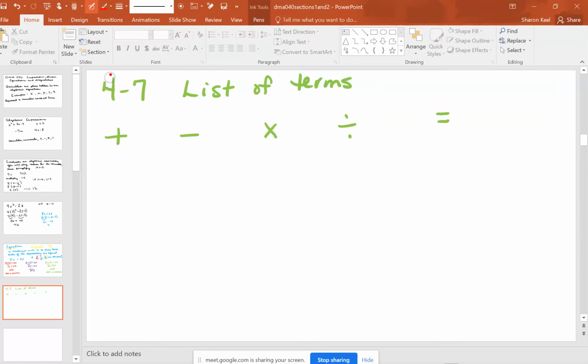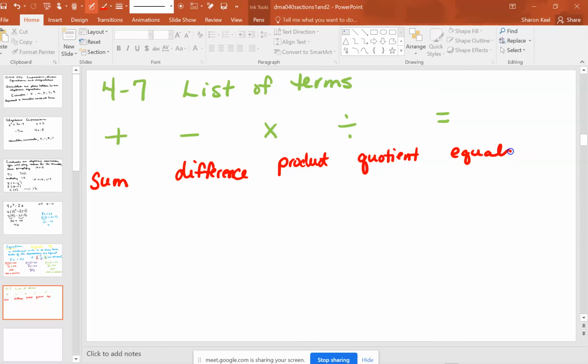Some of the most common and the most basic words for addition would be the word sum. For subtraction, you're looking at the word difference. For multiplication, that word is product. And for division, that would be the quotient. This would be your equals.